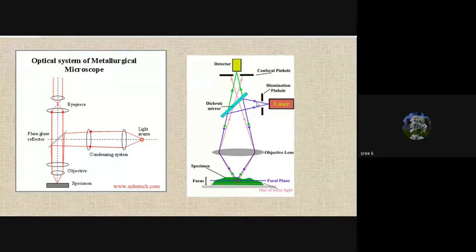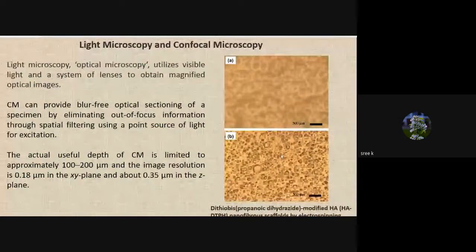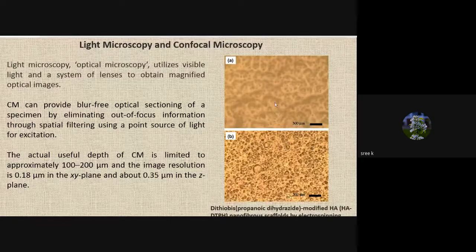As a result, you have a very high depth of field compared to the typical optical compound microscope. That's why you can find the difference between the clarity or focus of the light microscope and the clear picture of the particular biomaterial.